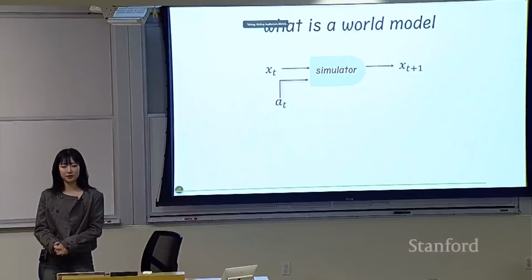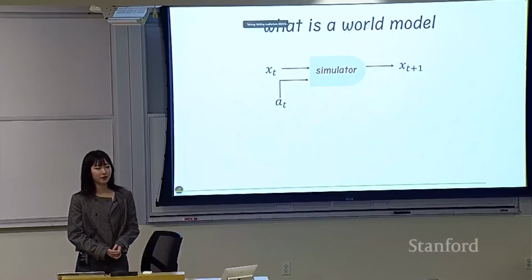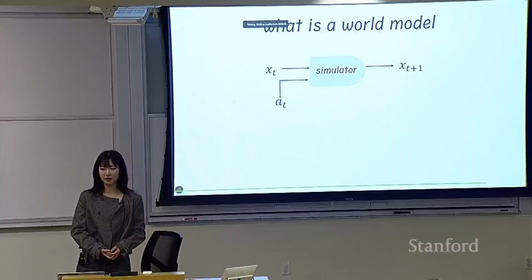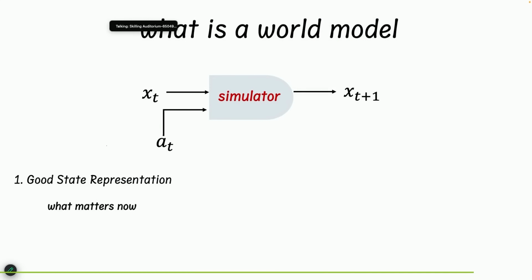So as an AI researcher, what would you do to make this world model better? In my opinion, there are three points of design. The first one is having a good state representation. You probably are not going to give the raw pixel values to the predictor. You somehow have to have a good representation that reflects the world faithfully. And the second component will be a good transition model.